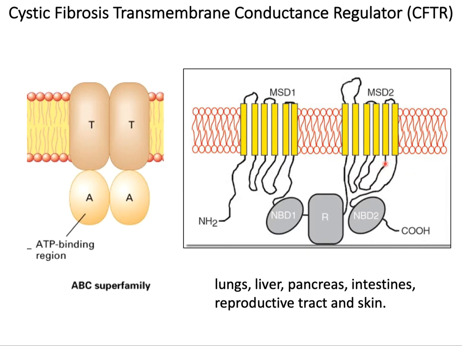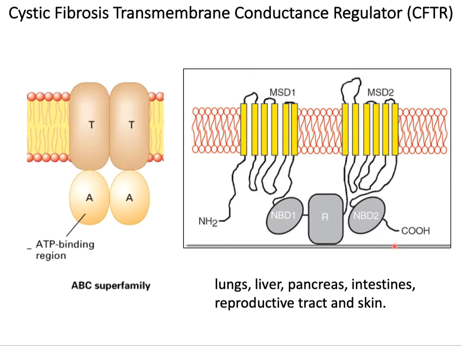In the boxed region of the slide, there is some more detailed rendition of the CFTR, and the yellow are the transmembrane regions. Sometimes they are referred to as membrane spanning domains, MSD1 and MSD2. And then in gray, you have two ATP binding regions. These are also known as NBD1 and NBD2, which stands for nucleotide binding domain 1 and domain 2.